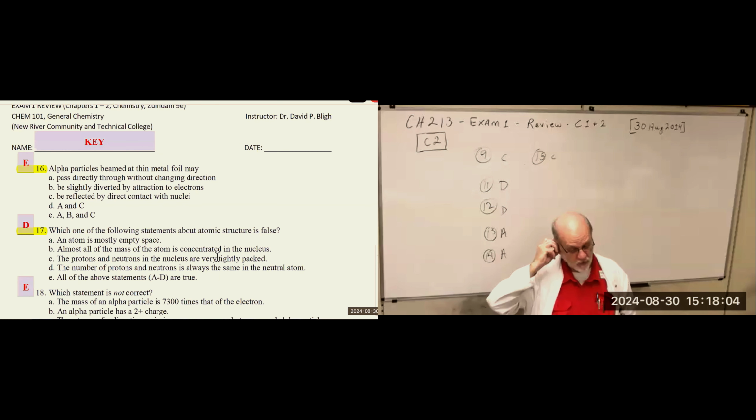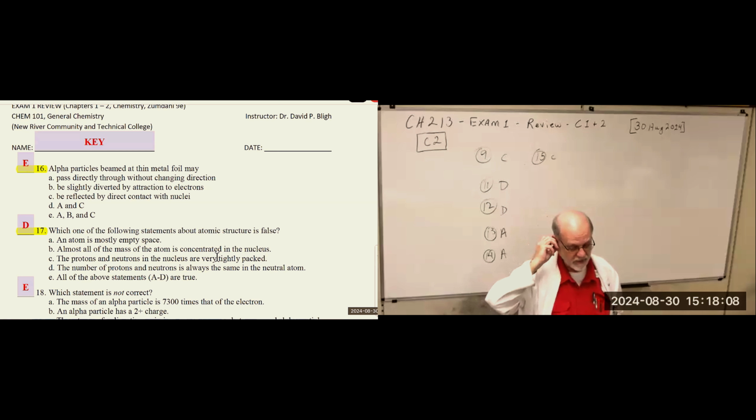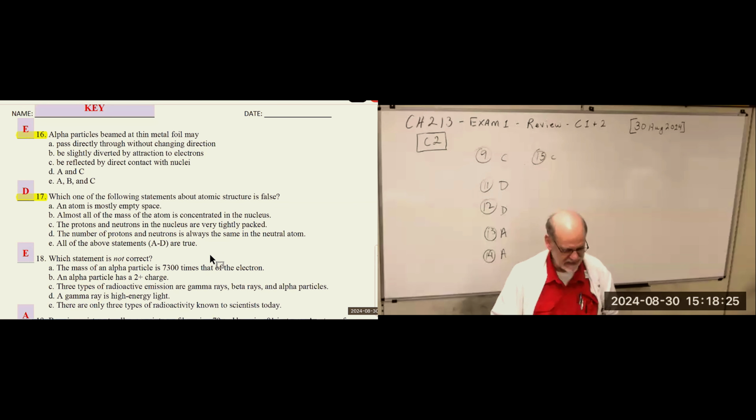Well, let's see, they could go straight through. Most of them actually did for Rutherford's experiment. But a few of them were slightly deflected by attraction to the electrons. And others were bounced back by striking the nucleus. Right? So all three of those are correct. 16 is E.